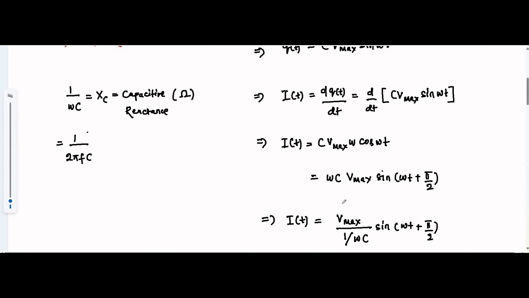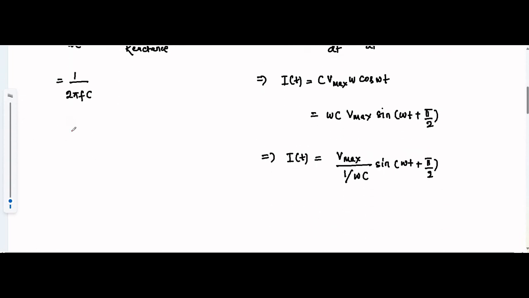Now this is in the general form. There is also a complex notation in terms of complex numbers, the imaginary numbers. Capacitive reactance is written as Xc is equal to 1 by j omega C. So when we multiply j on both the numerator and denominator, this becomes j by j square omega C, or minus j by omega C.